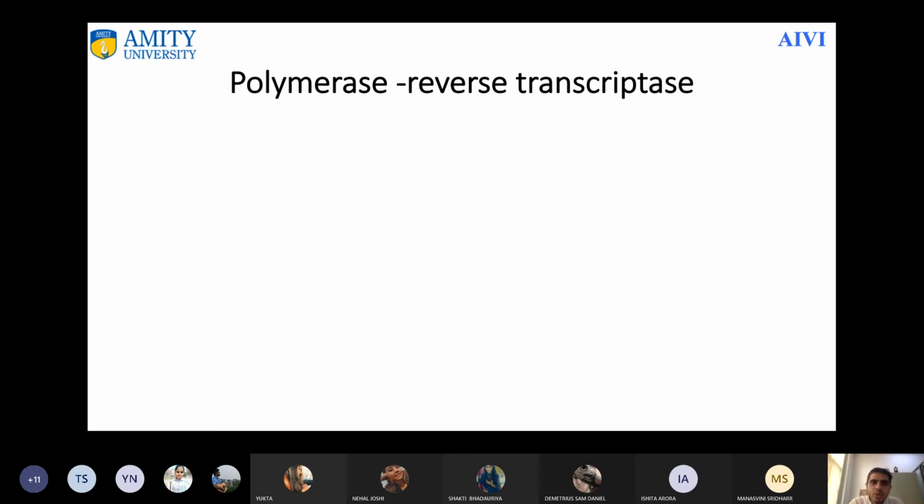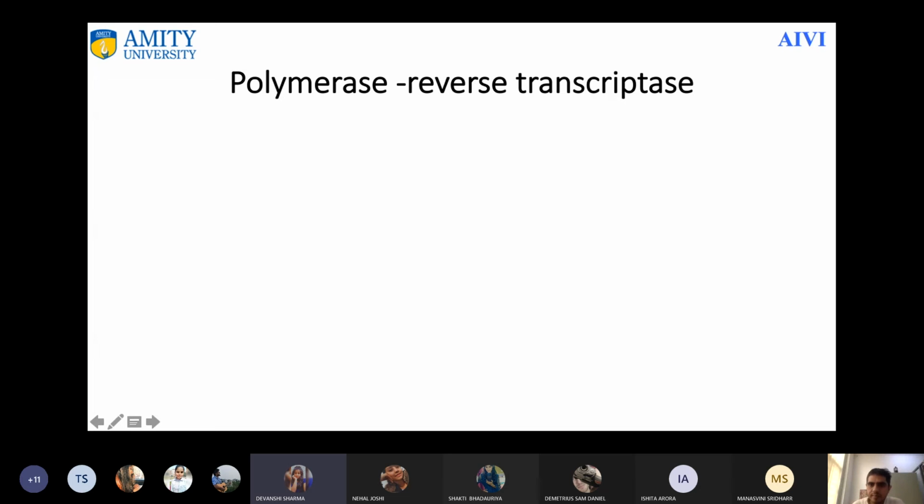No. Here the term is transcriptase. So transcript is there, transcription is there. What is transcription? What do you mean by transcription?